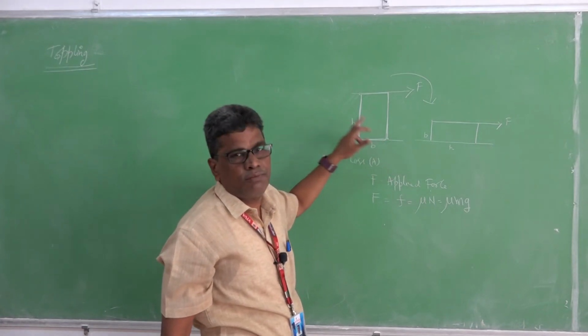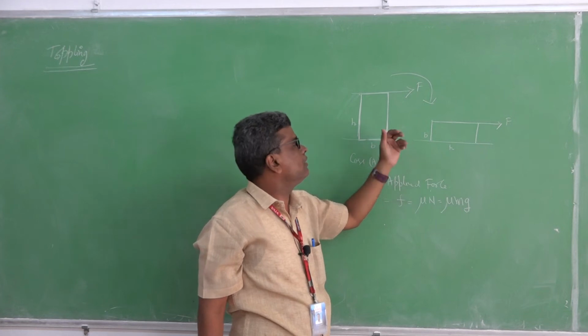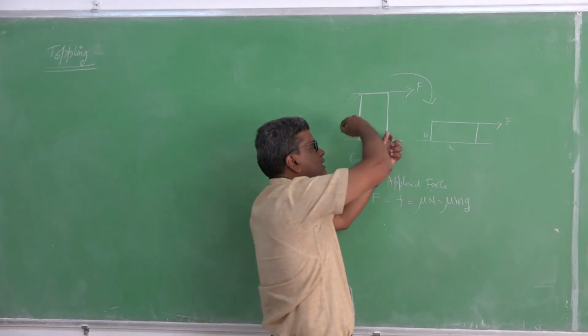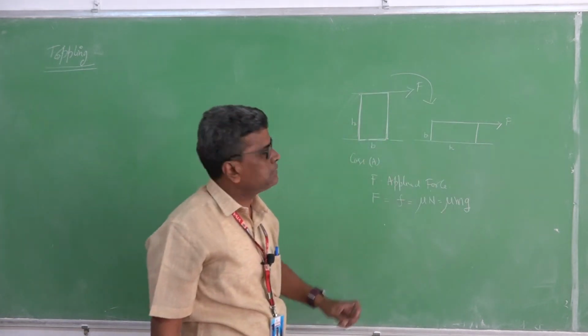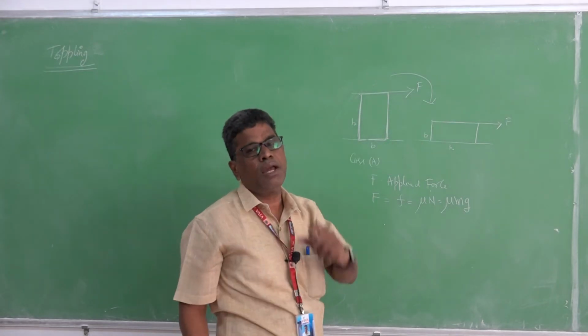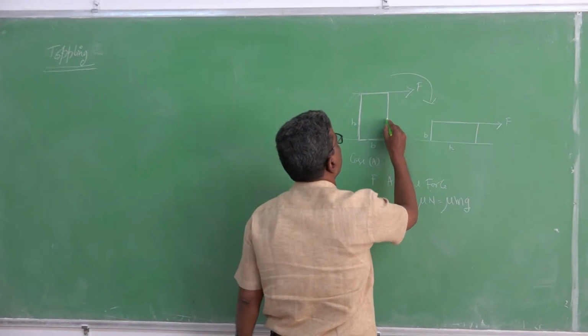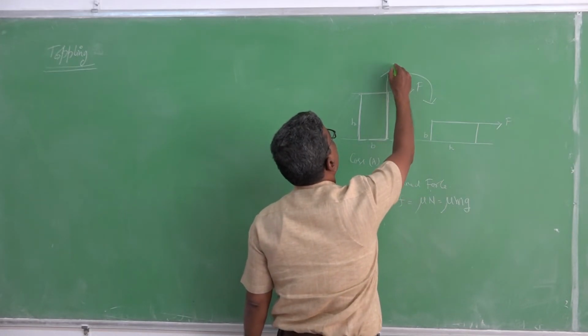When the object is moving and something is obstructed at this point, the object has a tendency to topple, isn't it? Because of the torque about this point. At the time of toppling, the normal reaction of this object passes through the edge, at the corner.